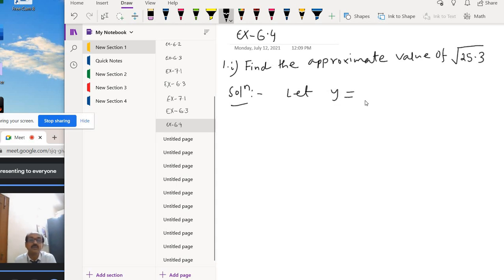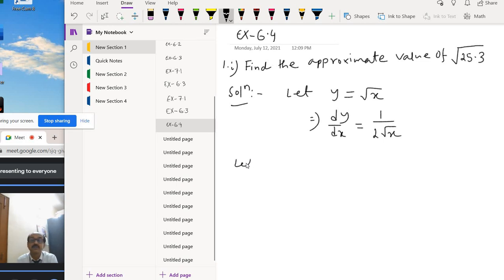Therefore the derivative of y, dy by dx, equal to derivative of root x, which is 1 by 2 root x.